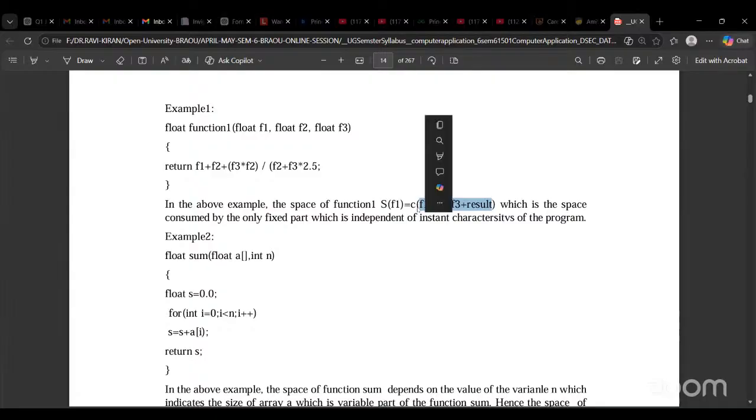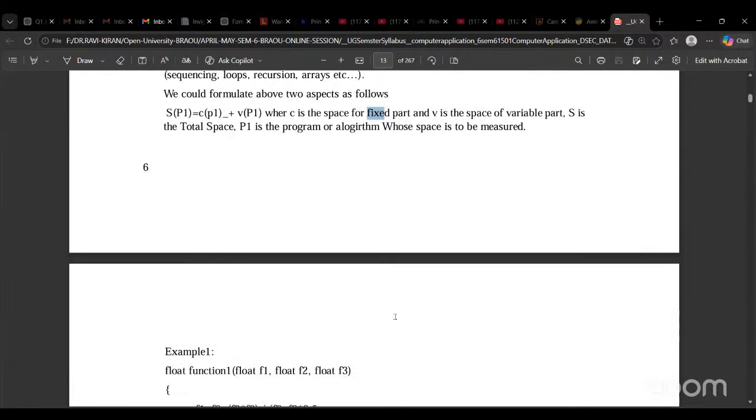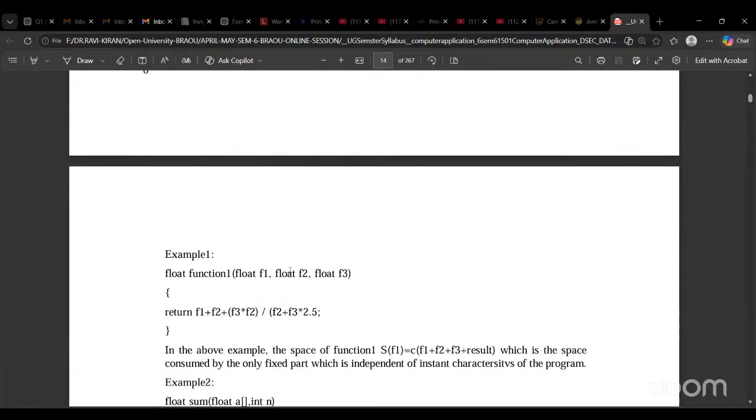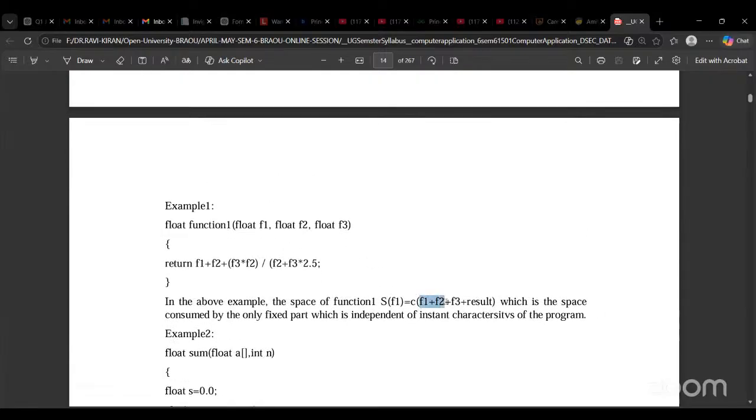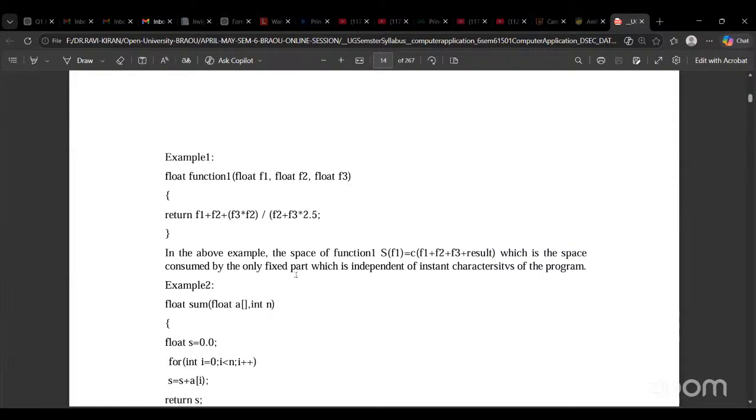What does C mean here? The space for the fixed part. So here f1, f2, f3 and result are the fixed part. That is the space, which is consumed only by the fixed part, which is independent of the instance characteristics of the program.